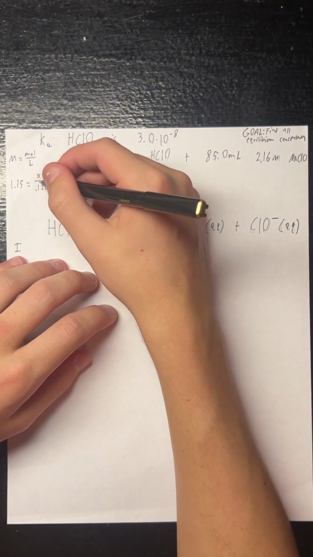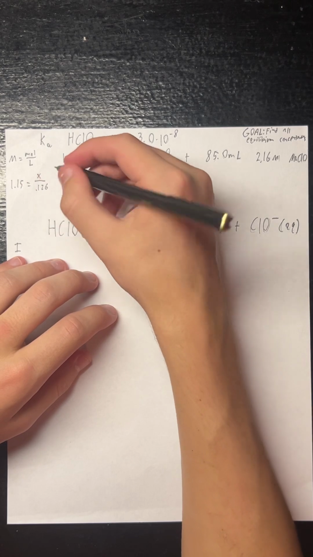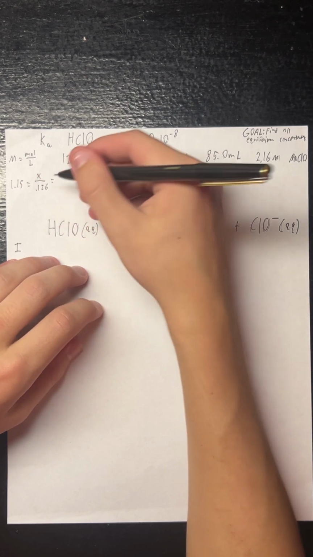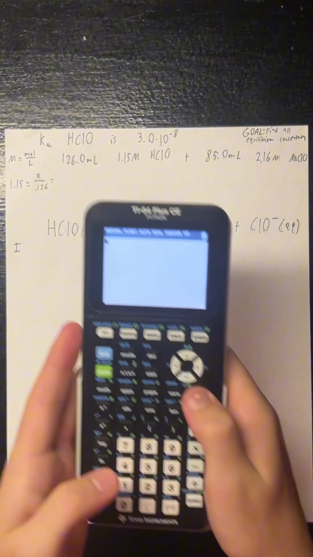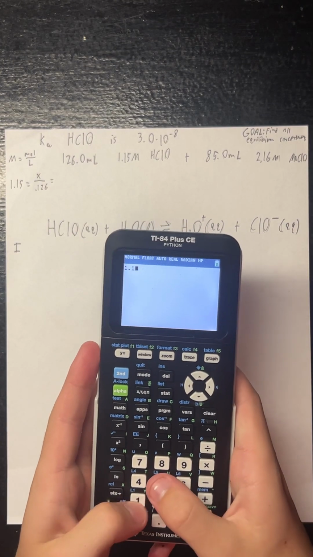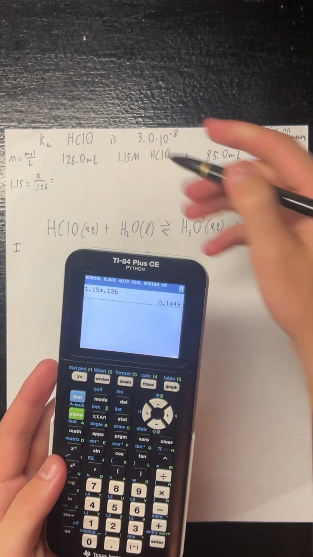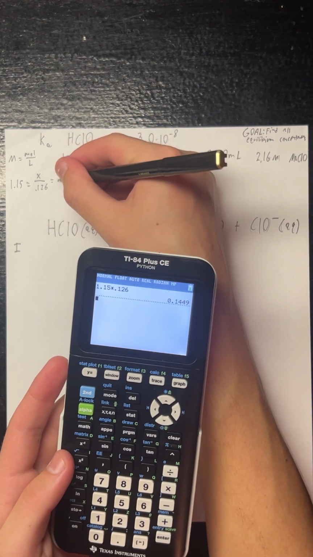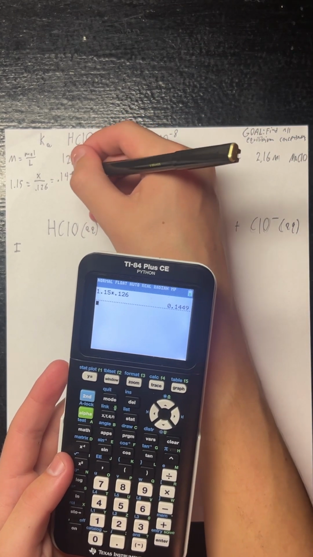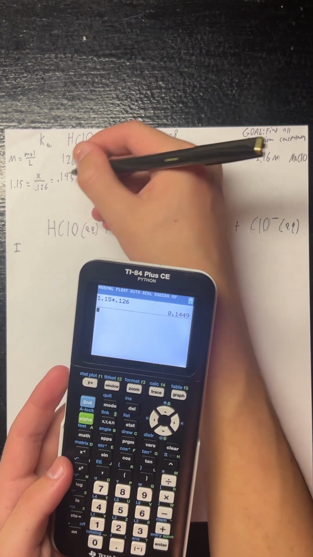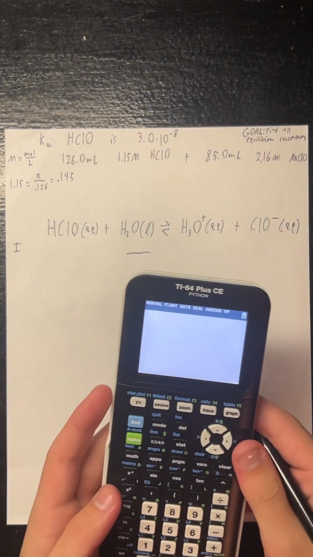To find x, we just multiply these two: 1.15 times 0.126. Our x is 0.145 in 3 sig figs. So that's how many moles.